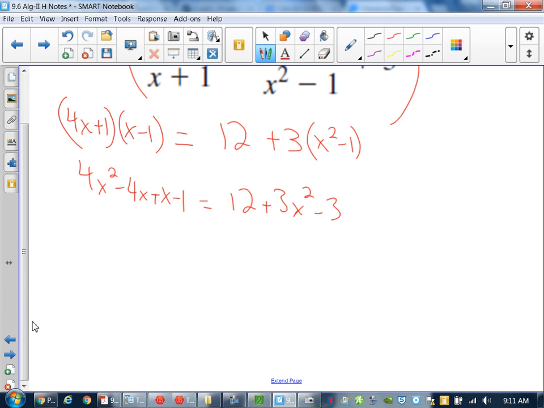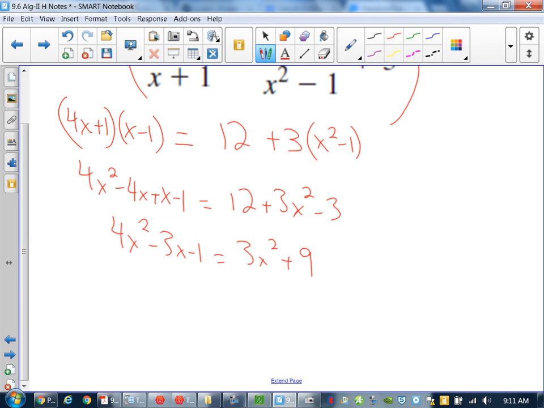So move everything to one side to set it equal to 0. Always keep the highest degree positive where it's at. So the 4x squared is larger than the 3x squared. So I'm going to move everything to the left. Actually, before I do that, I'll do this. I have 4x squared minus 3x minus 1 is 3x squared plus 9.